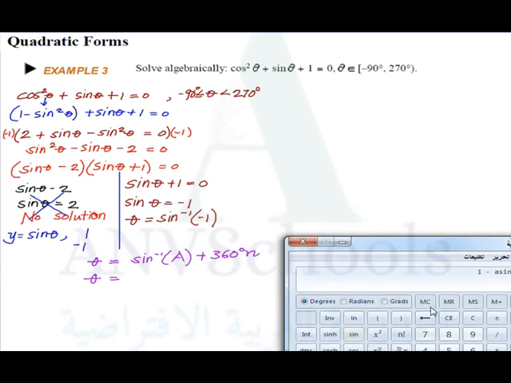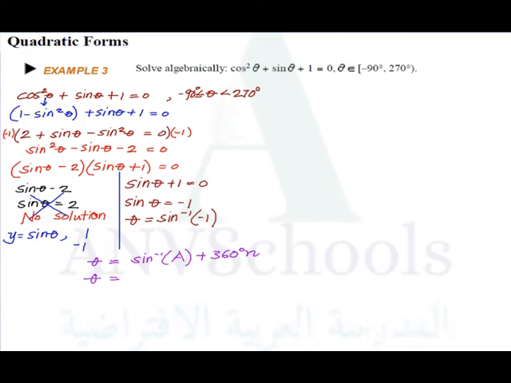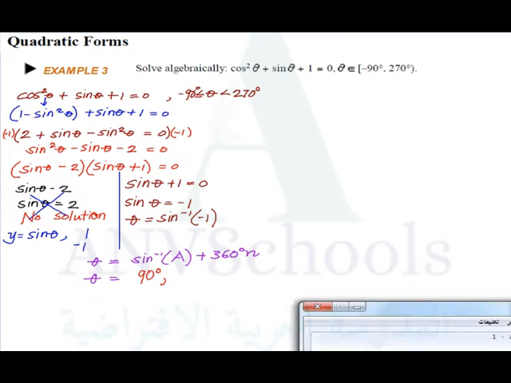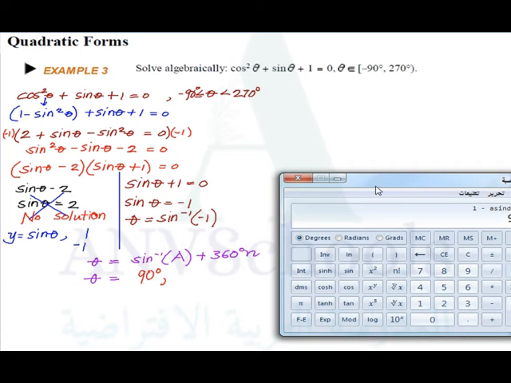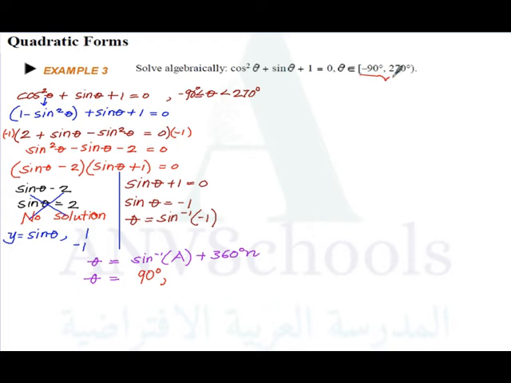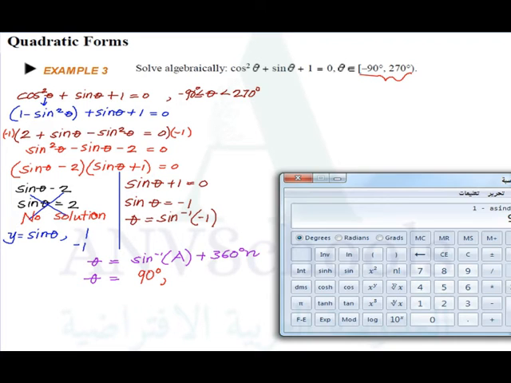That is still included in the domain. What else? If our n is equal to 1, that means we have 360 degrees times 1 plus the arcsine value, but it will be over the interval already, so we cannot use n is equal to 1.